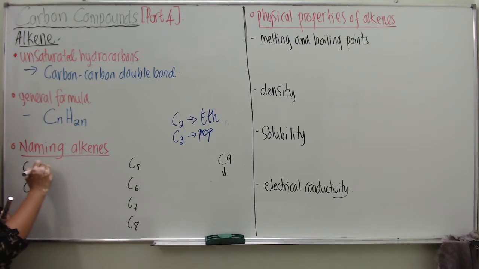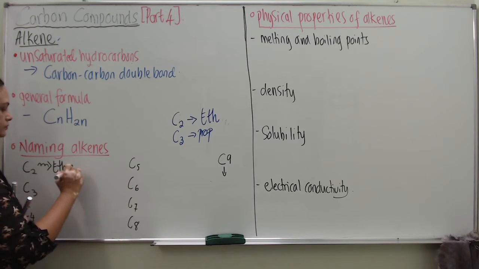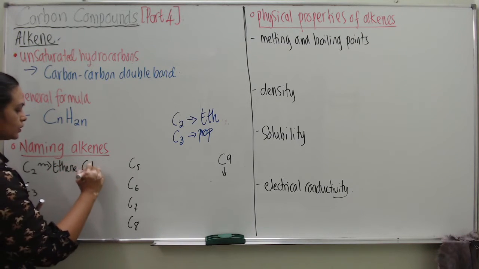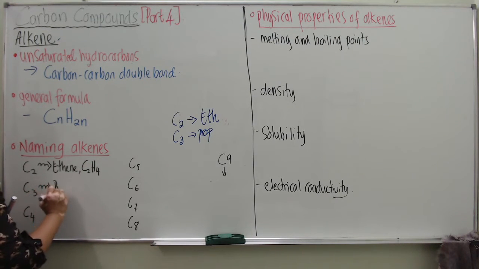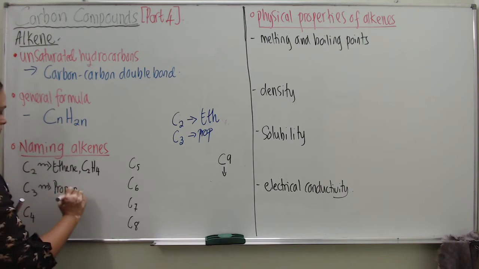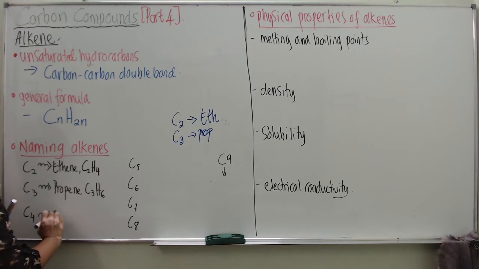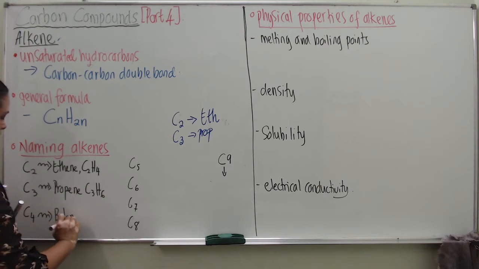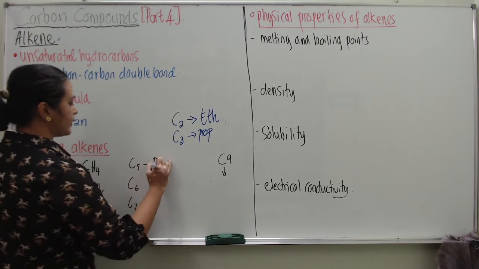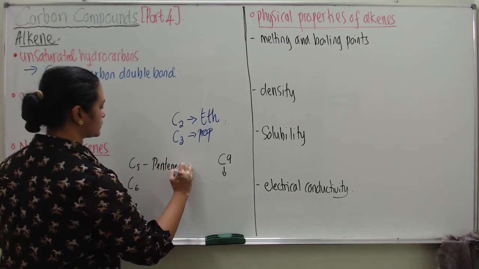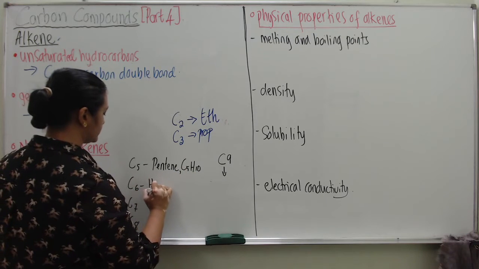The first member of the alkene molecules is ethene, C2H4. Second member, propene, C3H6. Let me write this. Butene. Pentene. Hexene.